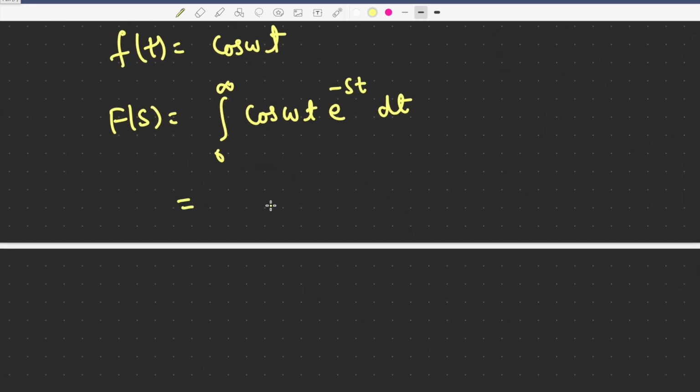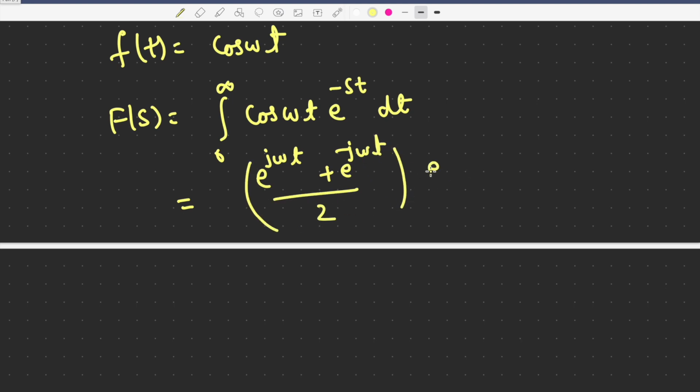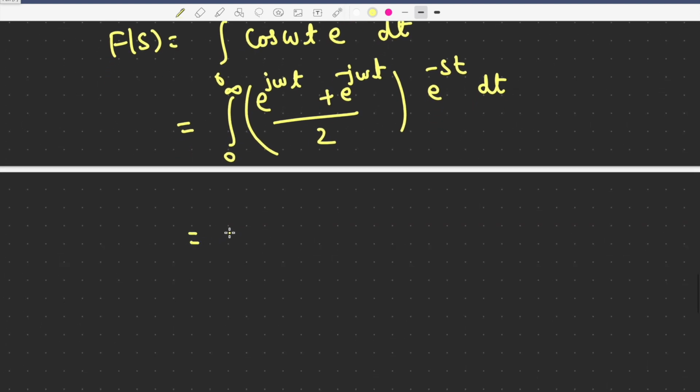This can be converted into e to the power j omega t plus e to the power minus j omega t divided by 2, from Euler's formula, times e to the power minus st dt. This is from 0 to infinity, with 1 by 2 common. Here we have minus (s minus j omega), so 1 by s minus j omega plus, similarly, 1 by s plus j omega.